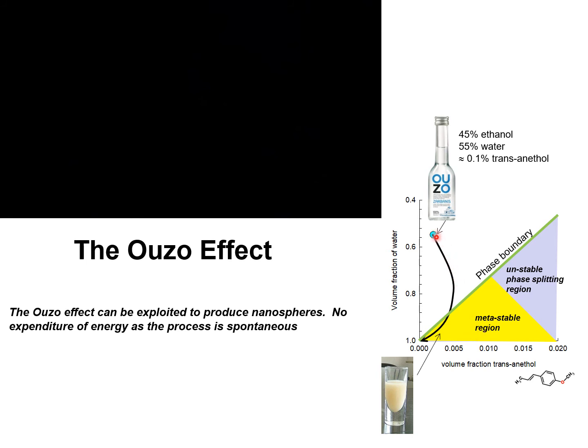Therefore, it is to be concluded that the actual path is caused by strong non-idealities in the ternary diffusion process. Now, the Ouzo effect can be exploited to produce nanospheres, and this is very energy efficient because no expenditure of energy is required, because the formation of metastable suspensions is spontaneous.